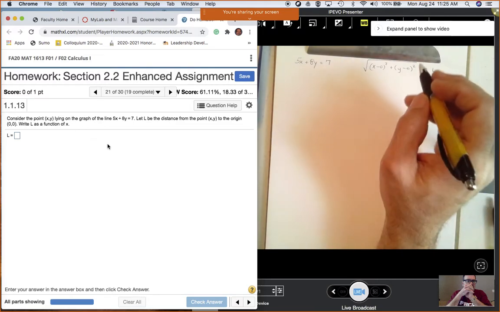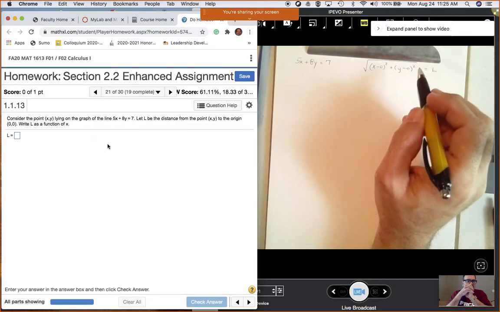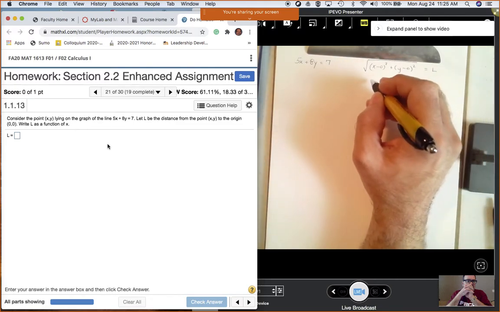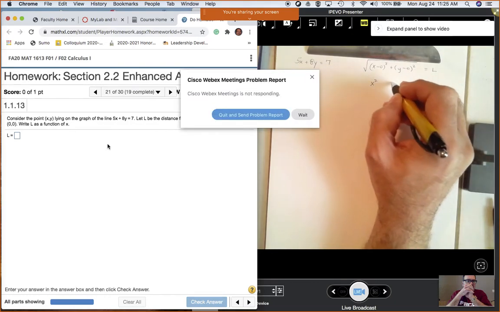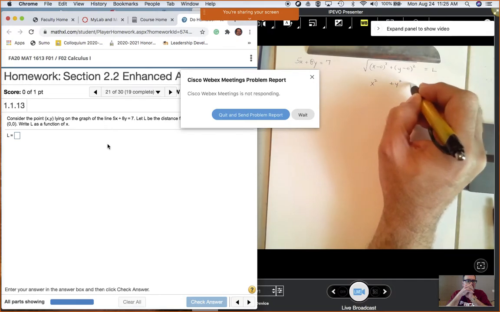L is a function of x, which means we don't want any y's in there. So how about x squared plus y squared equals L squared?